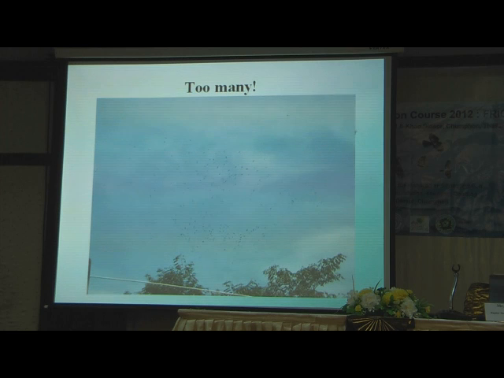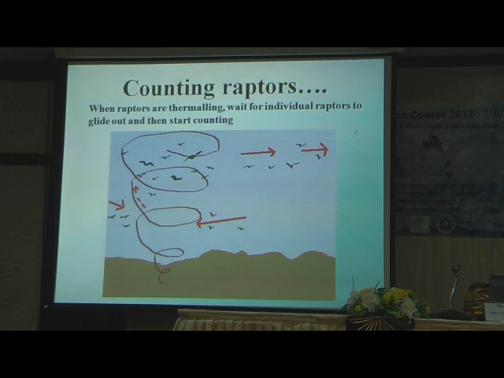But what if you find a flock like this? It's just too many to count. So in this case, we use the aggregate technique. And the way to do it is to wait for them to break up and start to move.